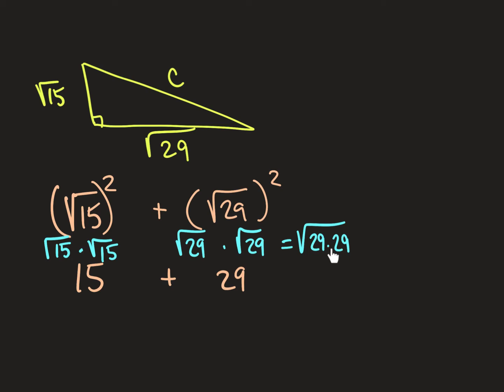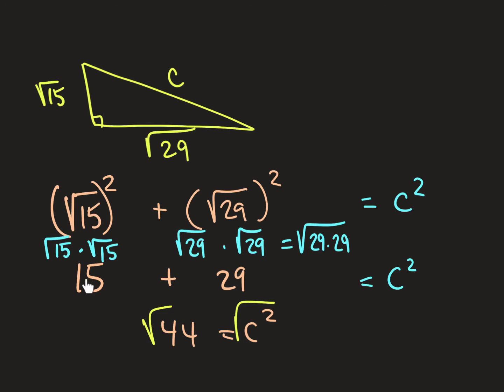Whenever I have 2 of something, I can pull it out as 1. Equals c squared. The rest is just normal. So I get 15 plus 29 is equal to 44. 44 equals c squared. Square root each side. And final answer rounded to the hundredths is 6.63.